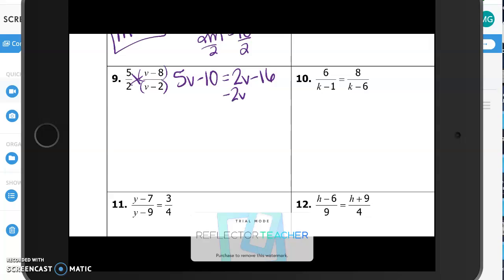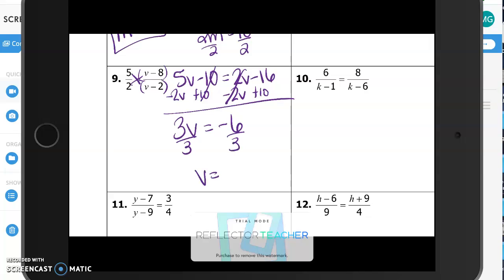Then you can subtract 2v and at the same time add 10. So move the variable to the left and the constant to the right. That would give me 3v equals negative 6. Divide both sides by 3, and v equals negative 2.